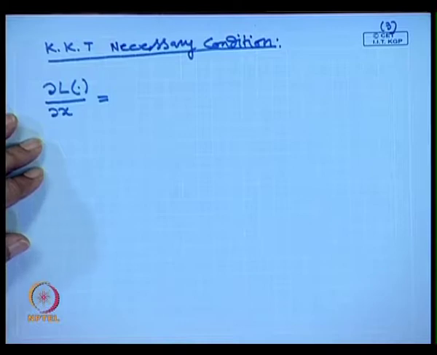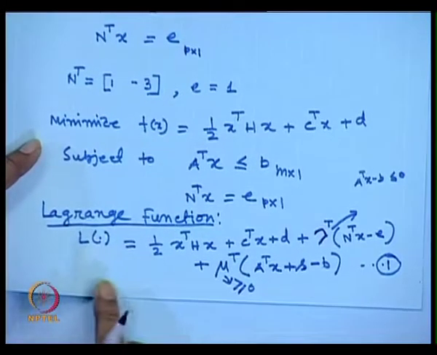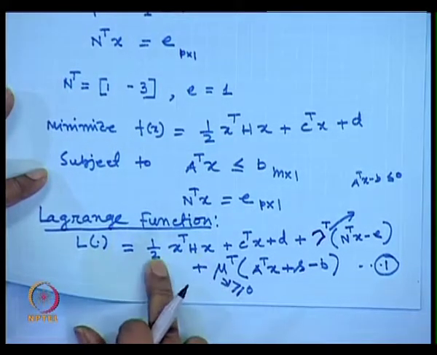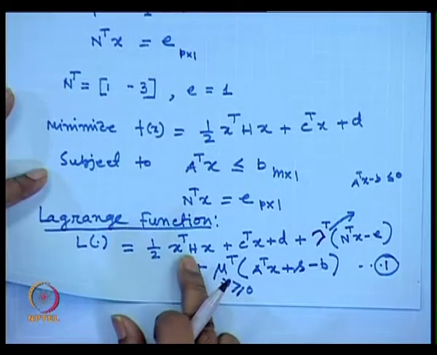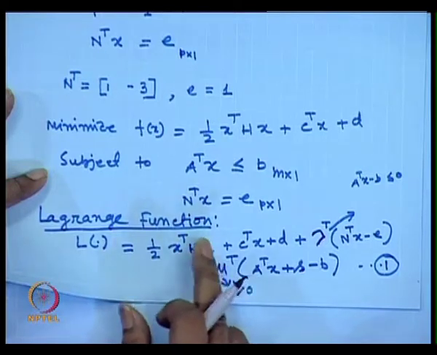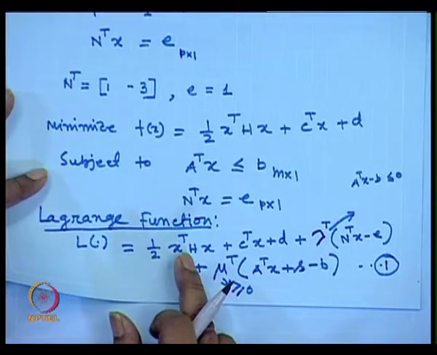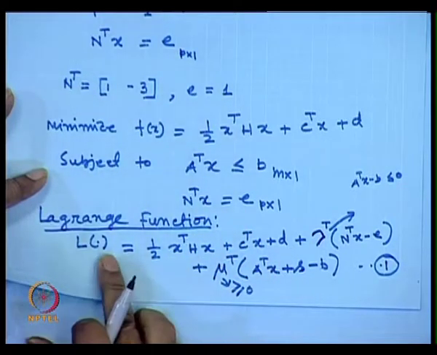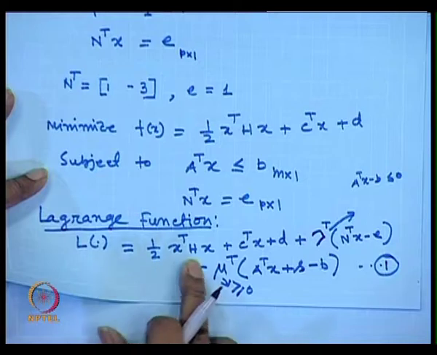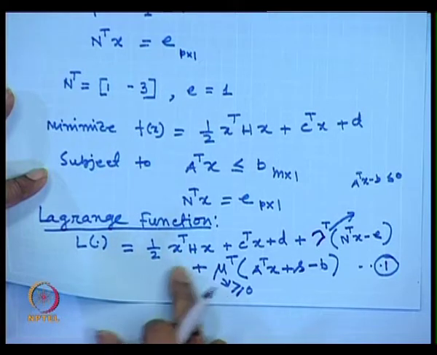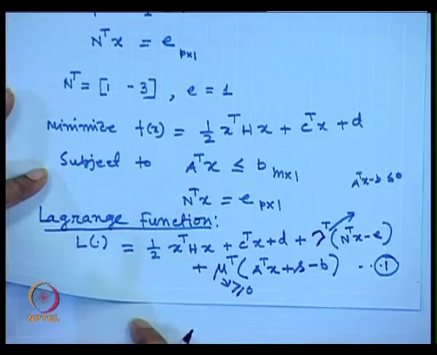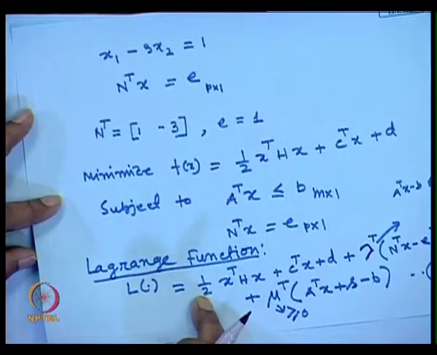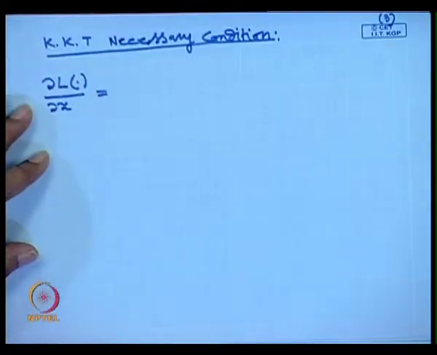Now see, our objective function is this one, and I am differentiating it with respect to x. The term x transpose H x, if you differentiate with respect to x, will come twice H x, and with the half there, it will be H x.